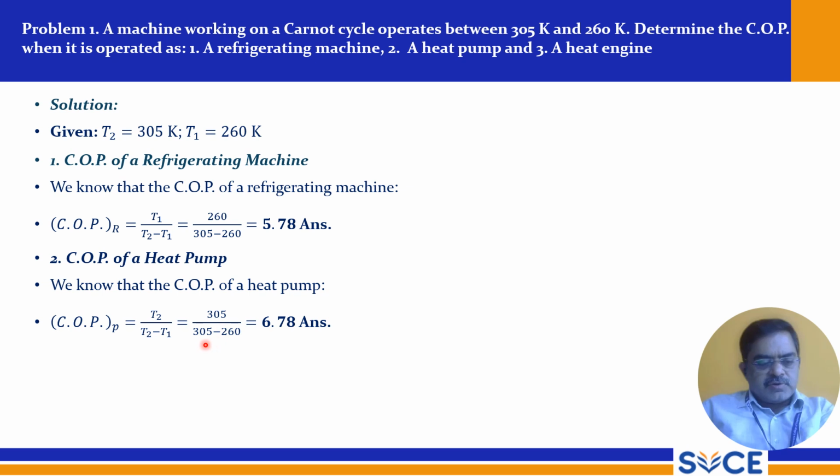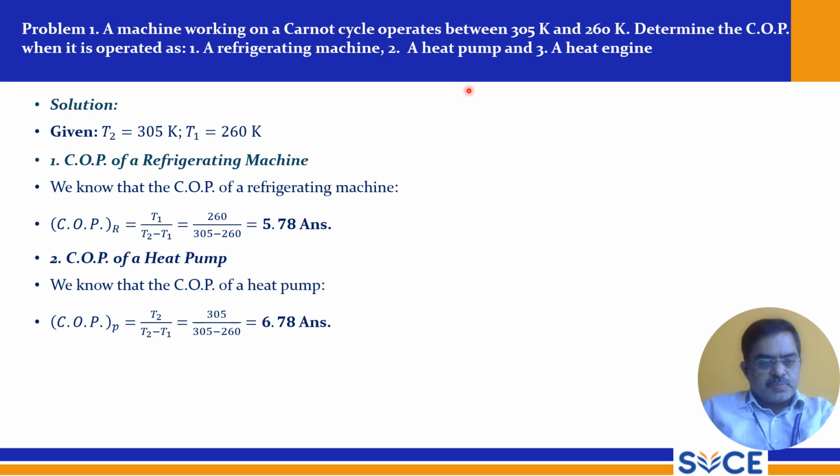So you can remember COP of a heat pump is equal to COP of a refrigerator plus 1. So here you can see the difference, it is exactly plus 1. 5.78 plus 1 is equal to 6.78. So this is the COP of the heat pump.